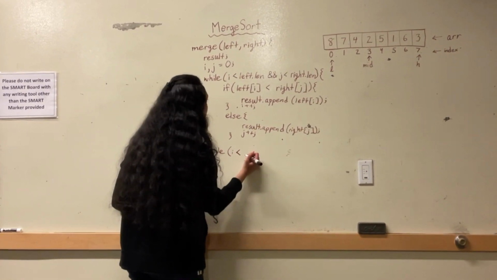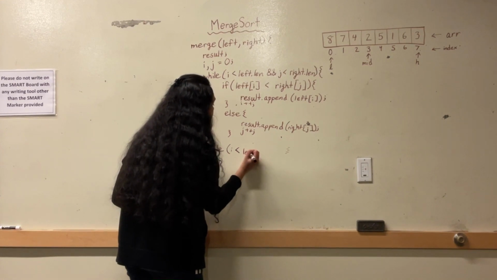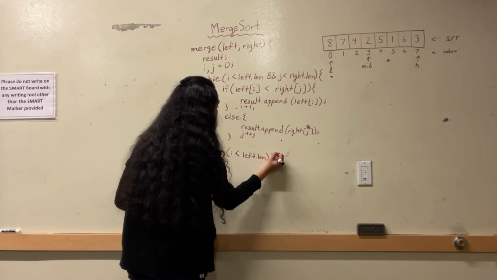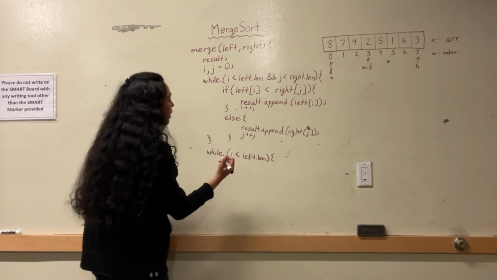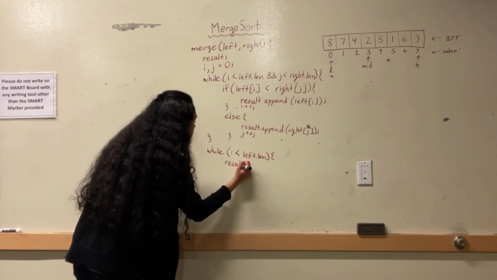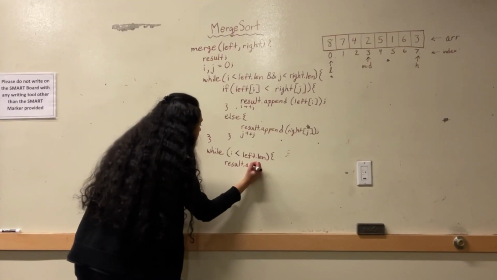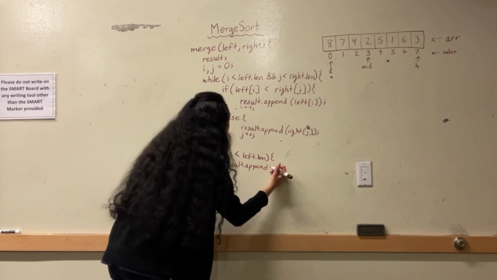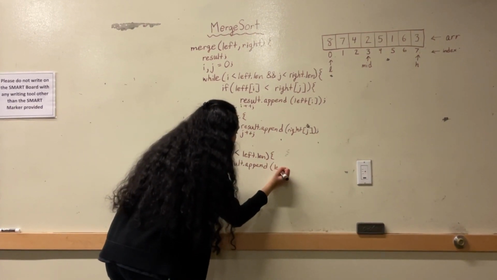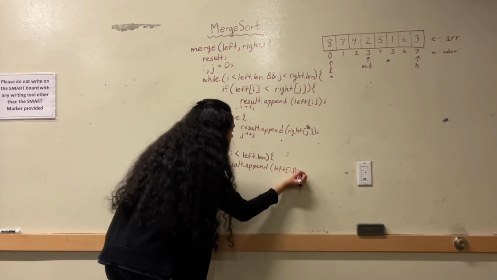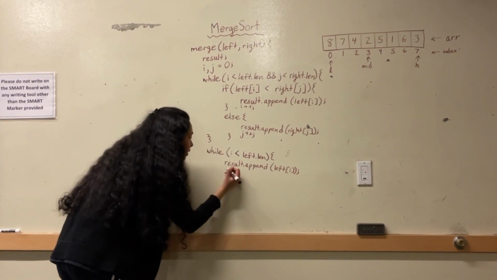So while i is less than left.length, we're going to add the rest of left's elements into result. We'll increment the i variable.